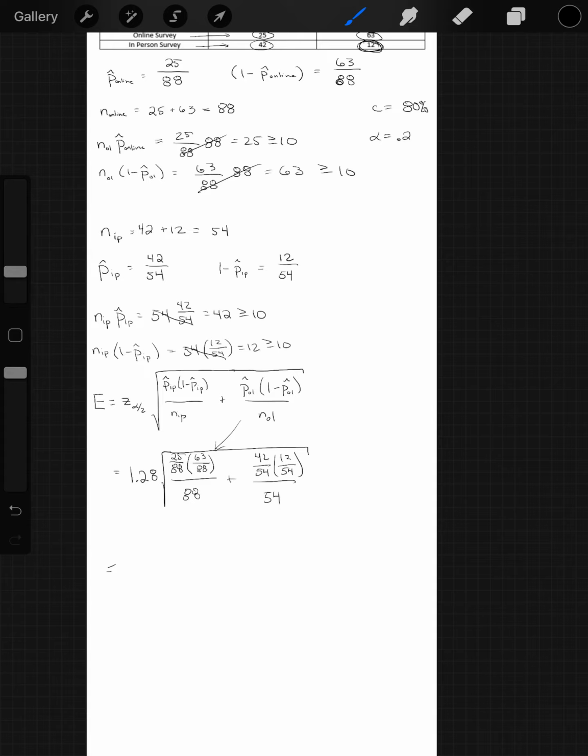So plugging that into a calculator, we get 1.28 times the square root of 25 over 88 times 63 over 88 divided by 88.